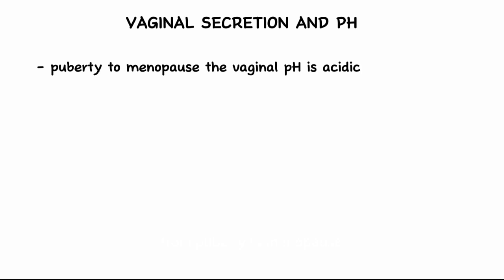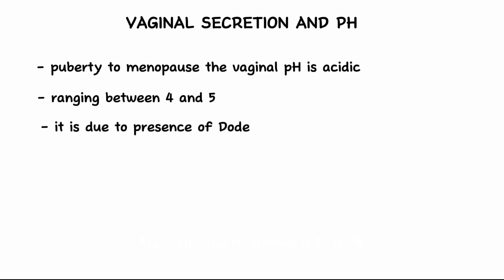Vaginal secretion and pH. The vaginal environment is another key topic, particularly its secretions and pH. From puberty to menopause, the vaginal pH is acidic, typically ranging between 4 and 5.